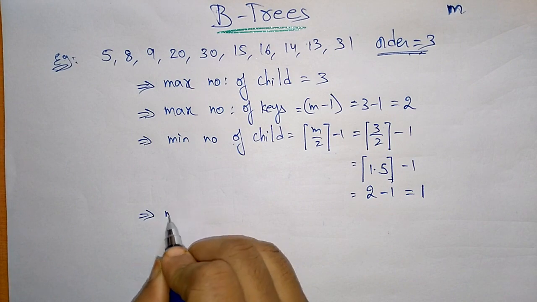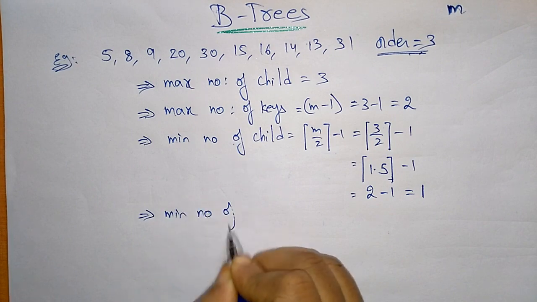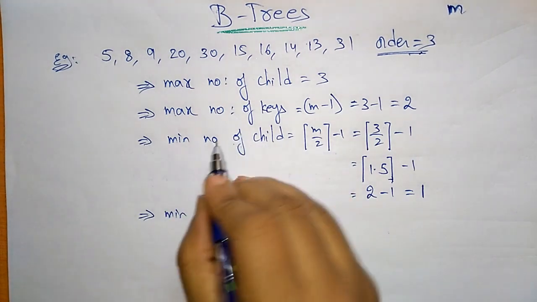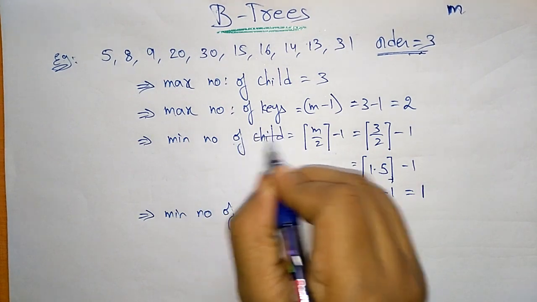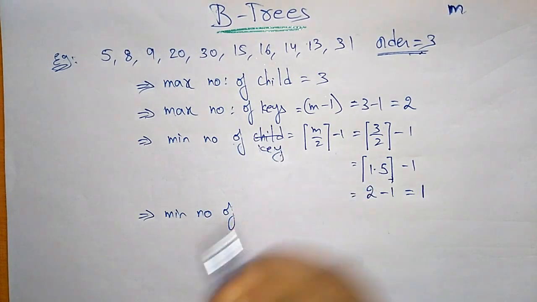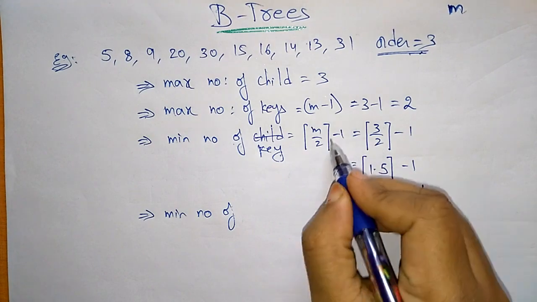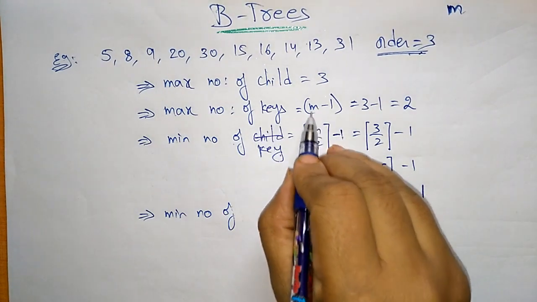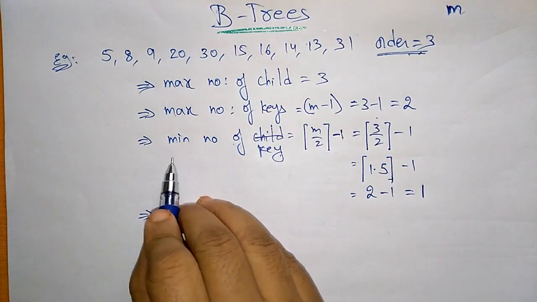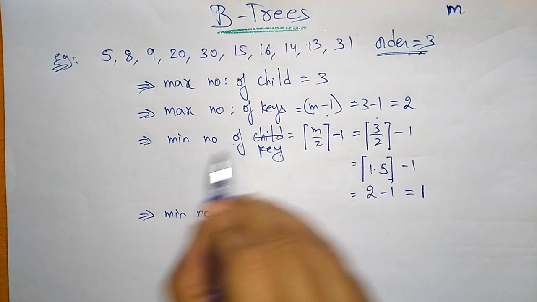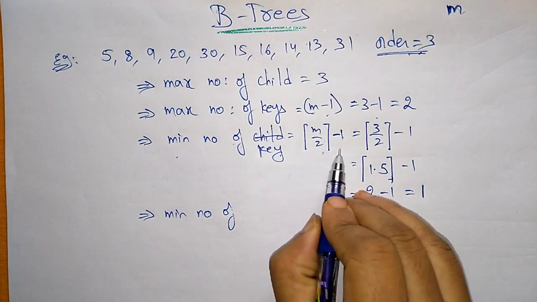So the maximum number of keys is m minus 1, and the minimum number of keys is ceiling of m by 2 minus 1.